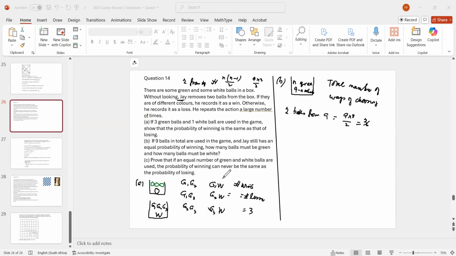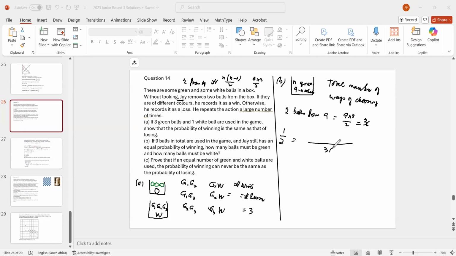So that goes in the denominator if you want to work out the probability, right? Now we want to know what are the successes. In other words, the probability of winning is the same as the probability of losing.